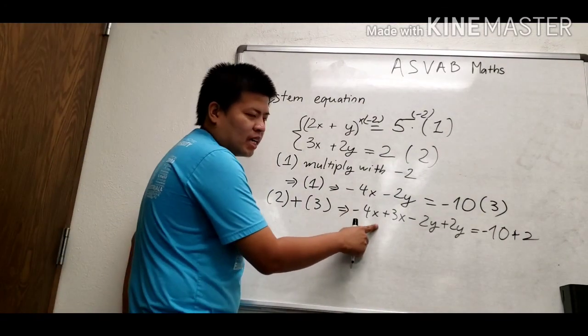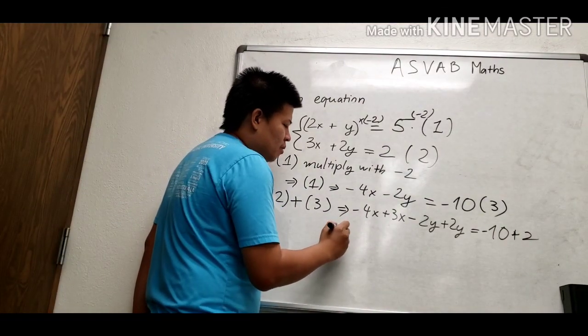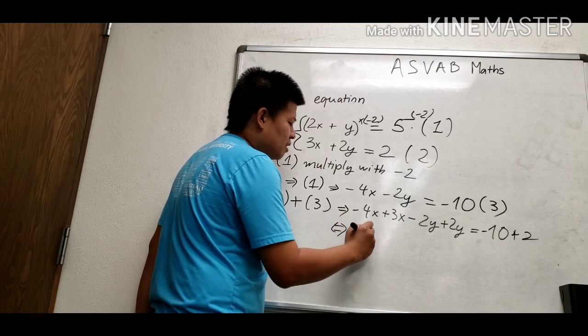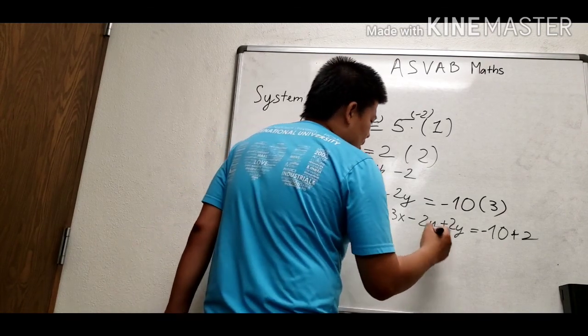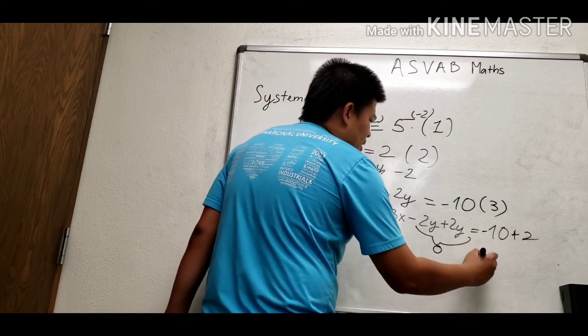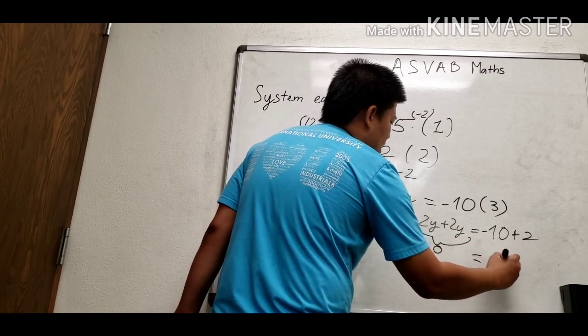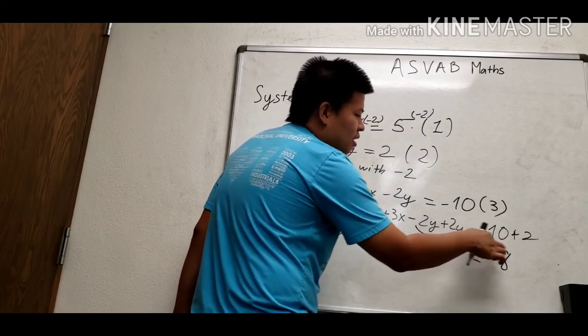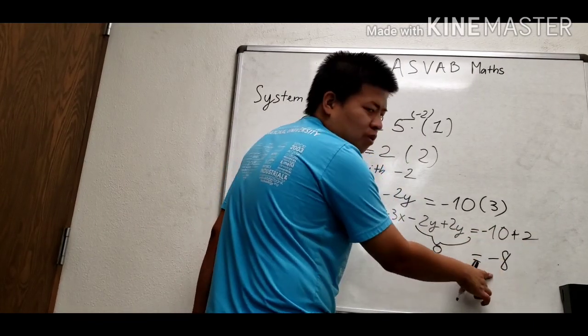So -4x plus 3x is about -x, and this one will become 0, and this one will become -8, because -10 plus 2 is -8.